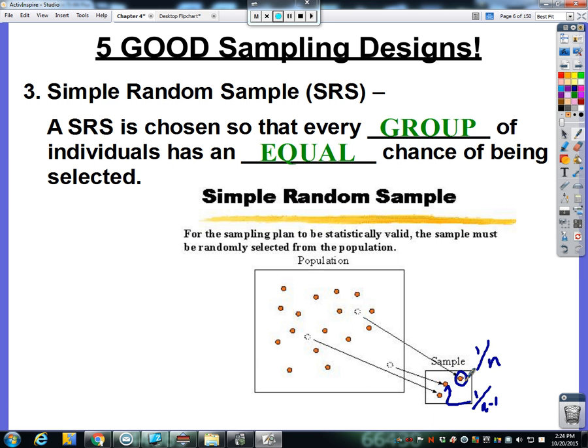So the probability that these 2 individuals are selected is not the same probability. The probability starts to increase as we decrease our population. So that is the main reason why we say that it must be the whole sample. We don't care who got picked first, second, or third here, but this whole sample has the same chance of being selected as, say, any other random sample of 3.